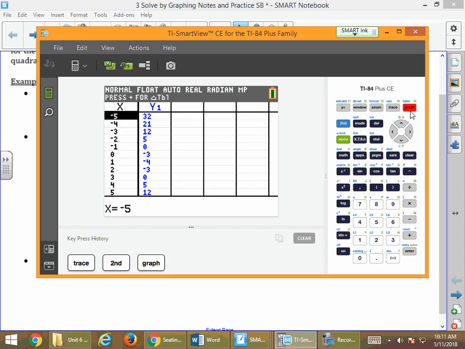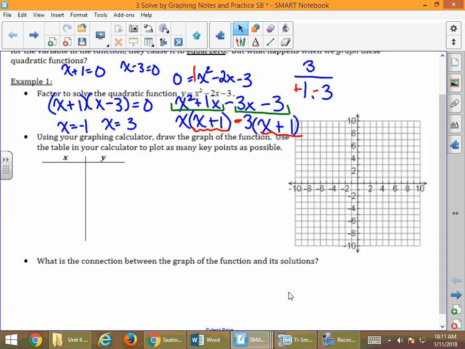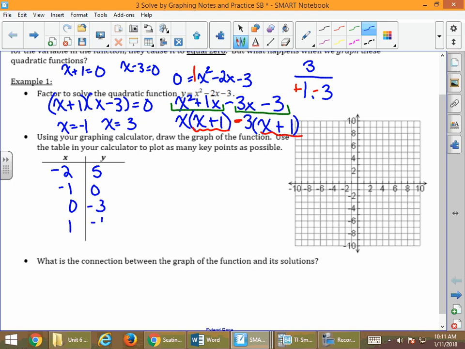And just a couple of values that I'm going to copy down off of our table are negative 2, 5. Negative 1, 0. 0, negative 3. 1, negative 4. 2, negative 3, and 3, 0.